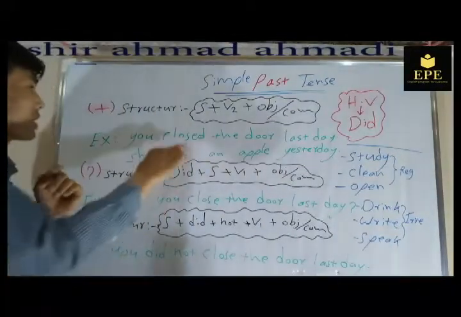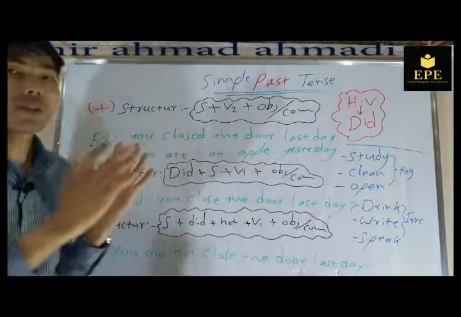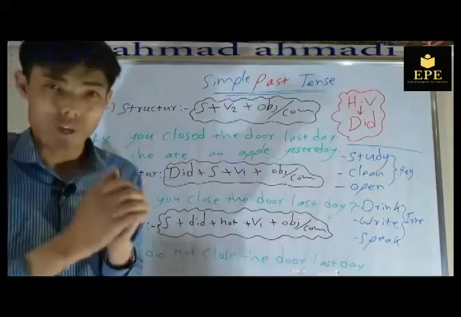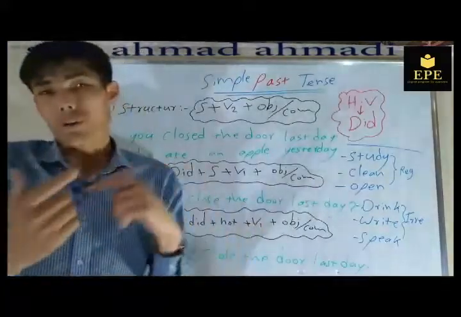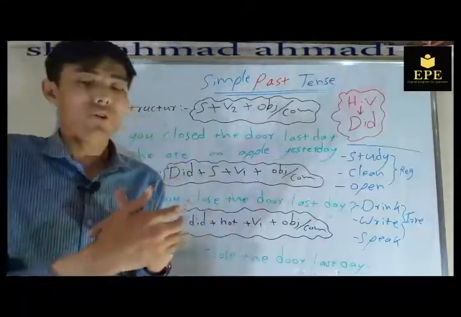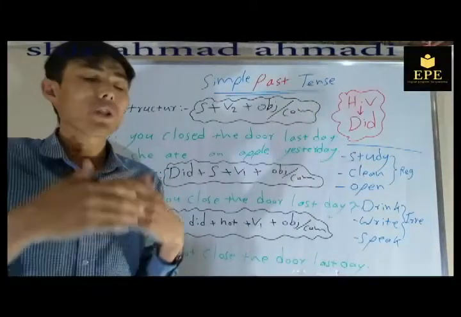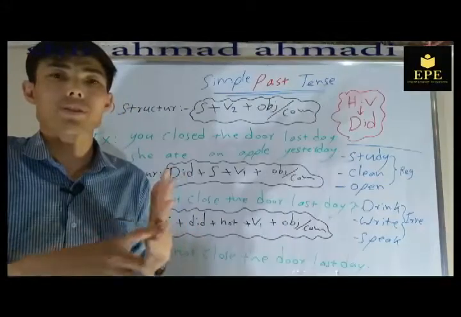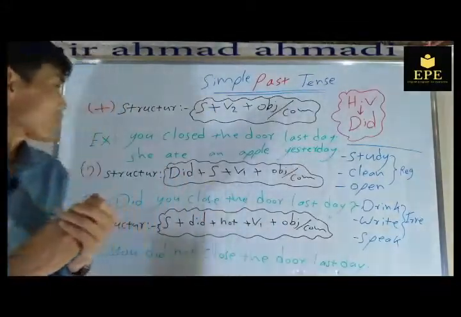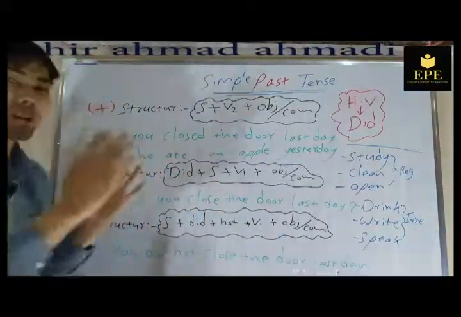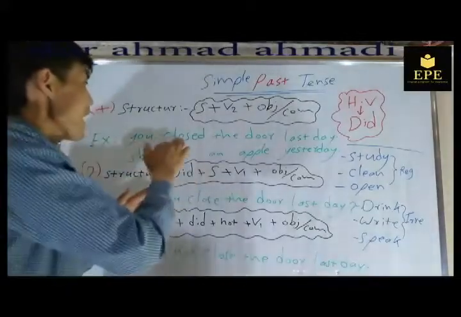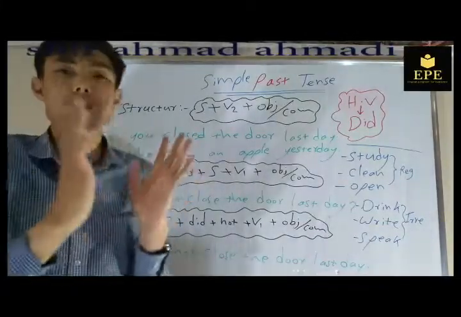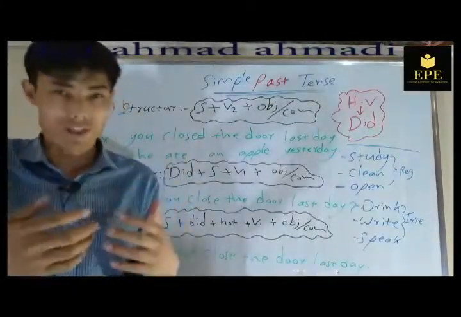So you know that the verb here is regular. We have two kinds of verbs, regular and irregular. In next videos, I will explain and teach you what regular verbs and irregular verbs are. In regular verbs, we just add d, ed, or ied at the end of the verb.